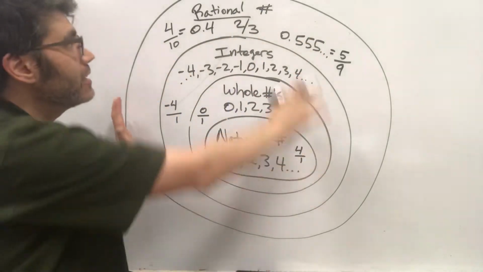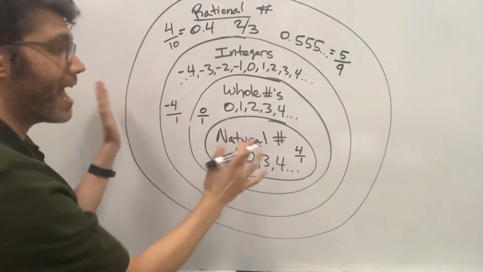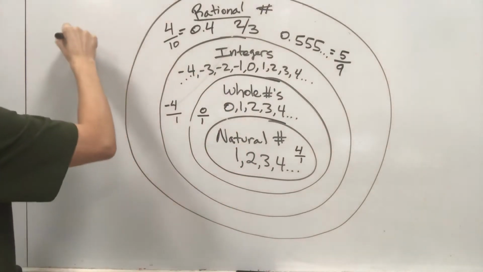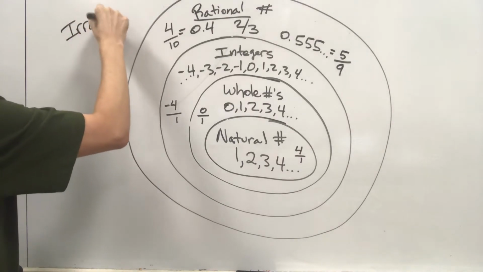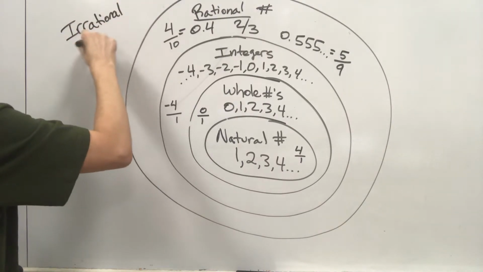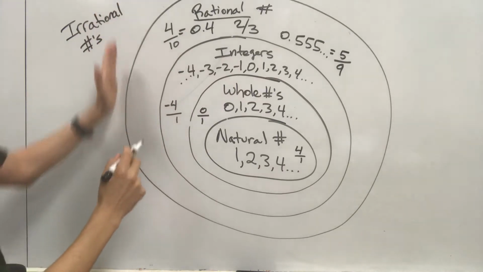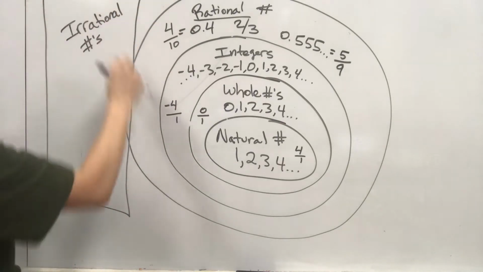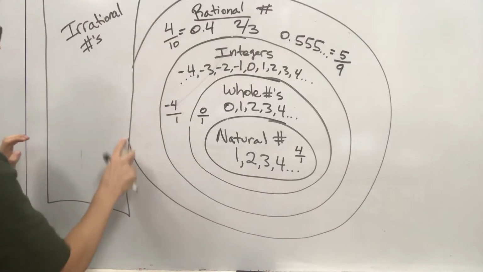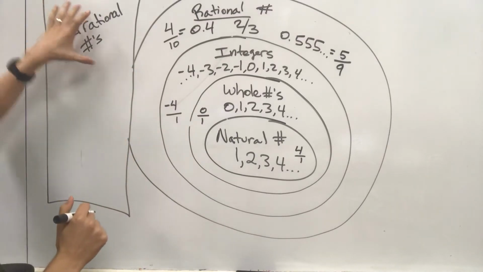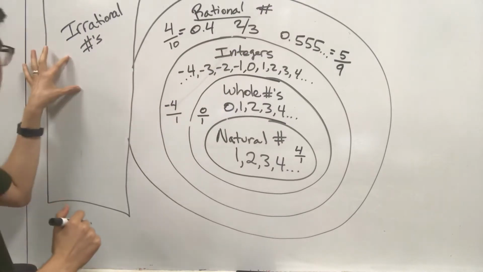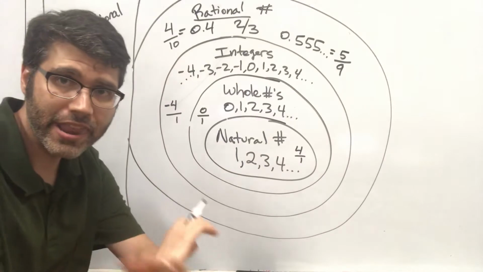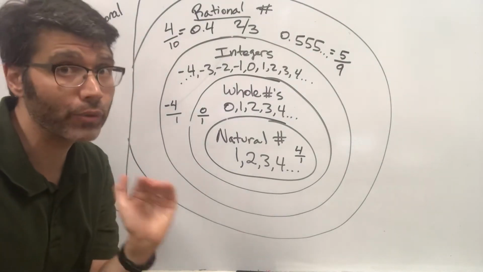And this completes half of our real number system. The other half of our number system are called irrational numbers. They are outside of this. So we're going to make a box here, and this is completely separate from anything over here. Irrational numbers are decimals that never end and never repeat.